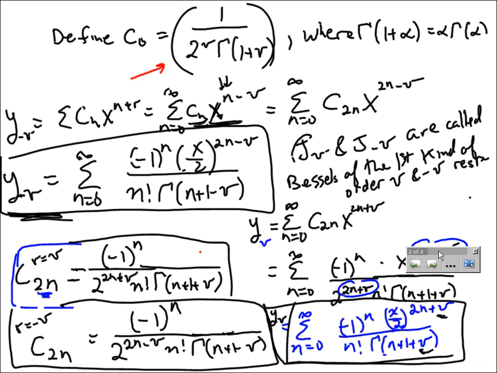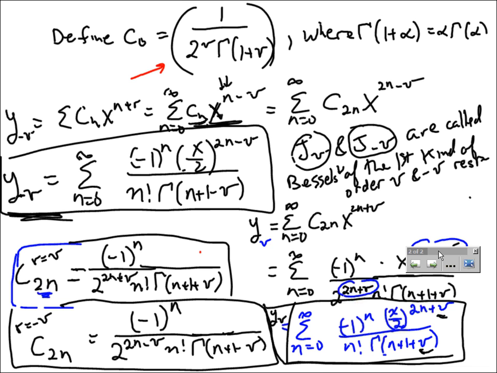That is, j sub v is called a Bessel function. I meant to write the word function in there. A Bessel function of the first kind of order v. And this is the Bessel function of the first kind of order negative v.